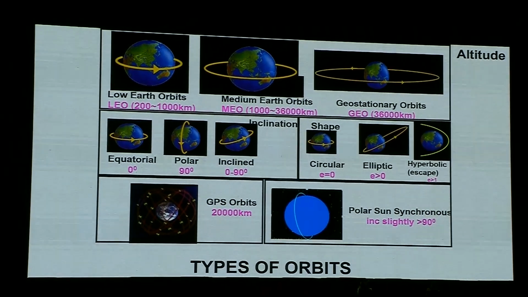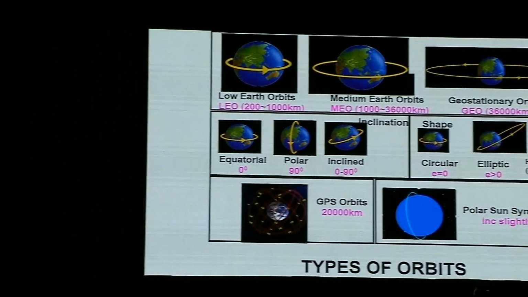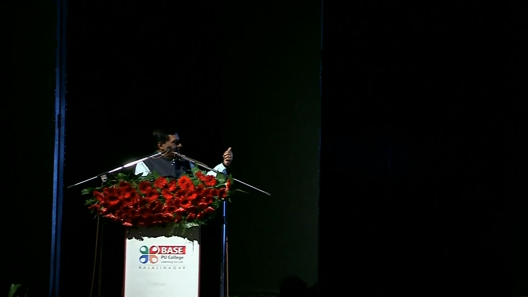So 0 degree means I am on equatorial plane, 90 means I am polar, and inclined I can be at any angle. It can be 0 to 90. And again, the shape of the orbit can be circular, elliptic, hyperbolic. So you might have studied about asymptote.